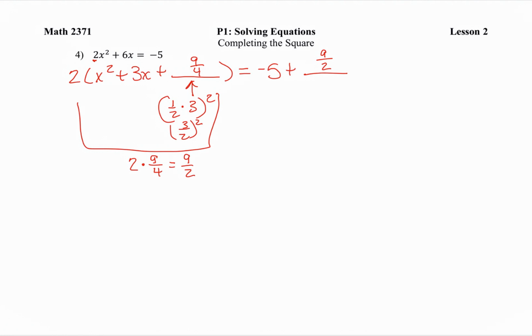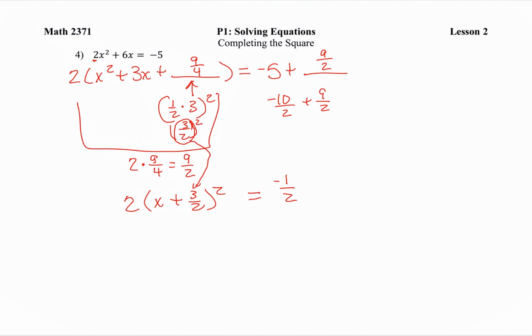So on the left side, we get 2 times (x plus 3/2) squared. And we'll always know that when we complete the square, this little value right here is what goes right there. And over here, we're going to get negative 10/2 plus 9/2. And so this side equals negative 1/2.